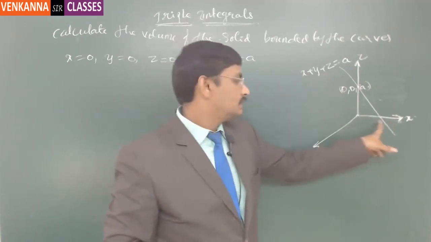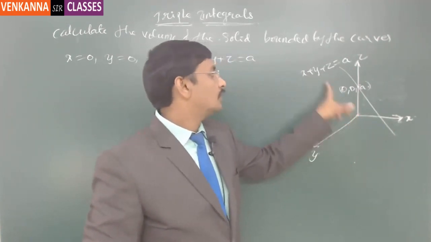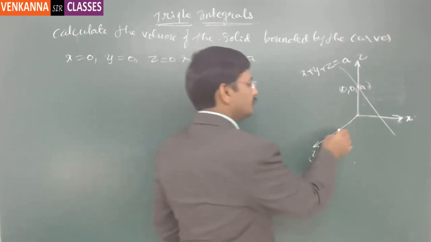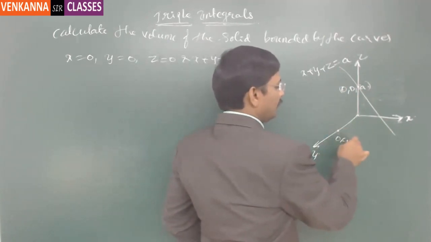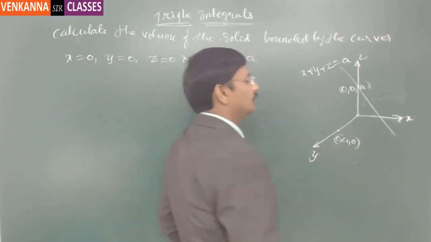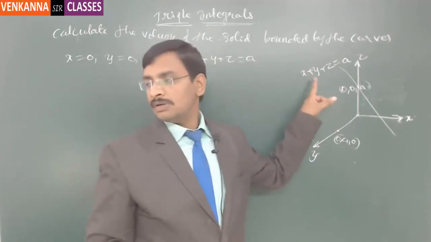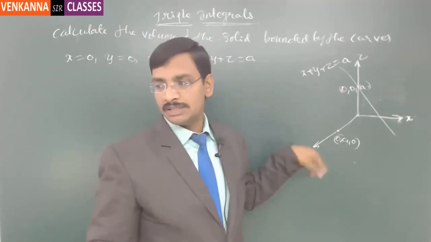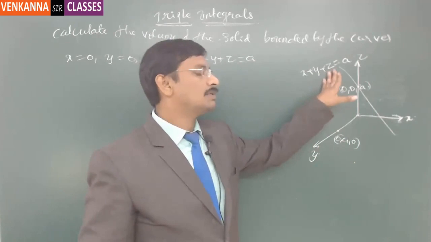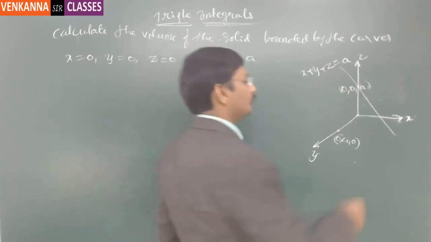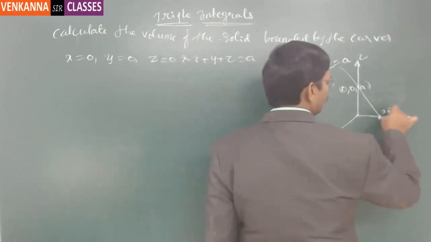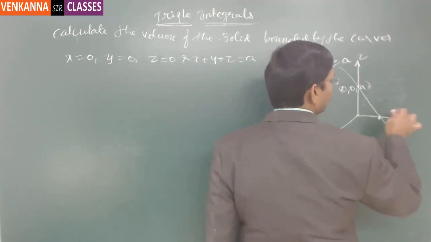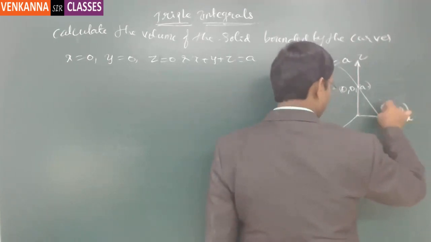So x is equal to 0 and z is equal to 0. Correspondingly the y value is a. So 0, a, 0. Then if you want to find the value of x where it is intersecting, keep y and z as 0, then x is equal to a. So that means a, 0, 0 is this point.